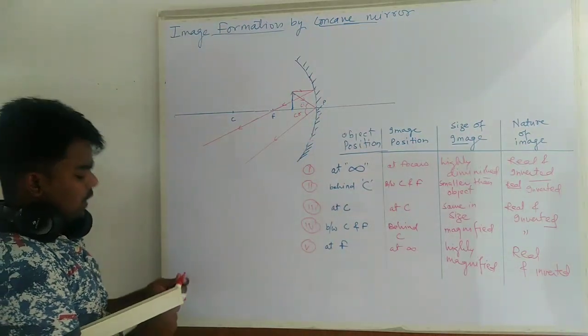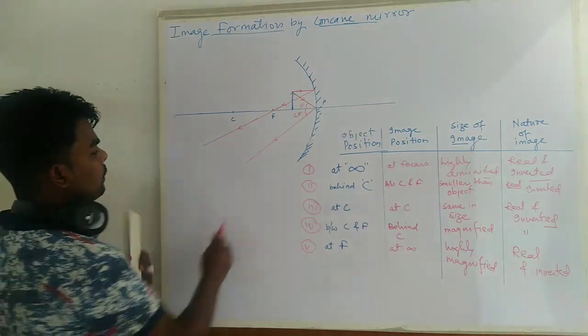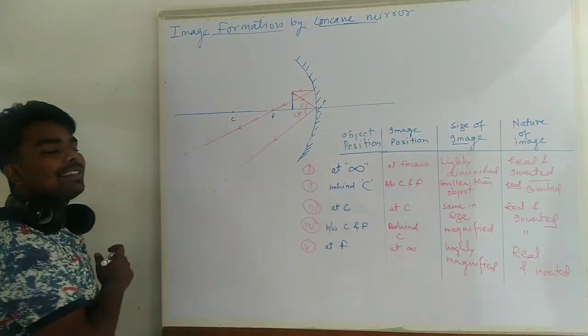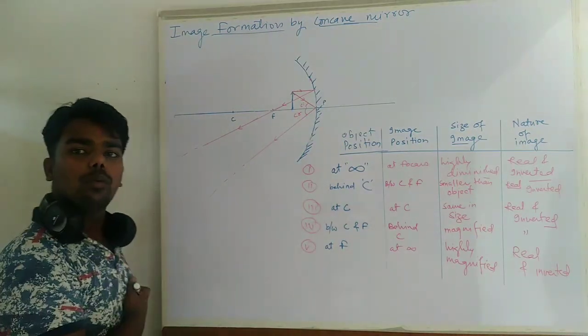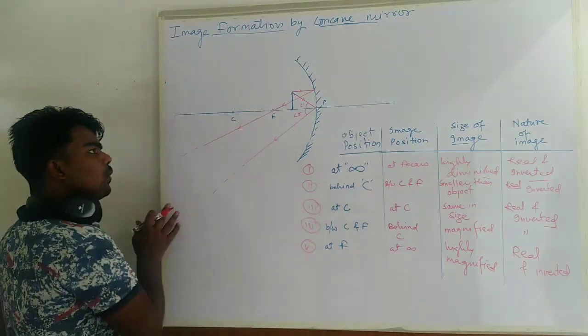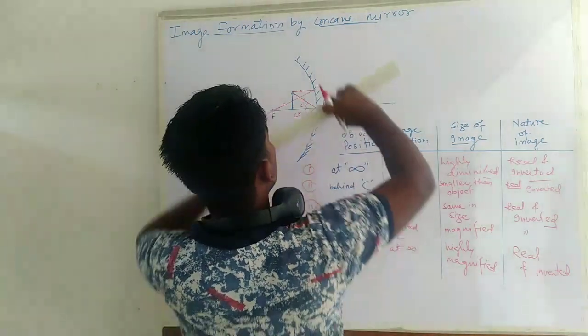So if you see, these reflected light rays both are divergent. So they cannot intersect really on this side, so the image will not form here if the light rays do not intersect. So if we see them from here, it will appear like both the reflected light rays are coming from a single point.